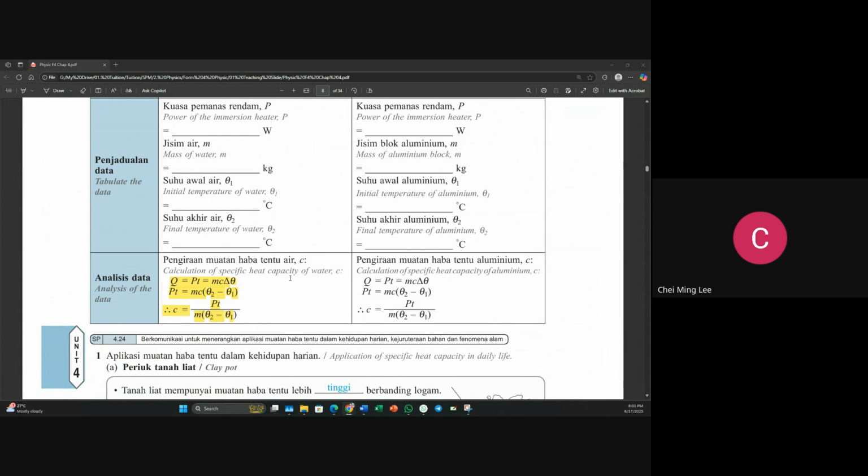So what I want you to do now is, for specific heat capacity, it is equal to this one.